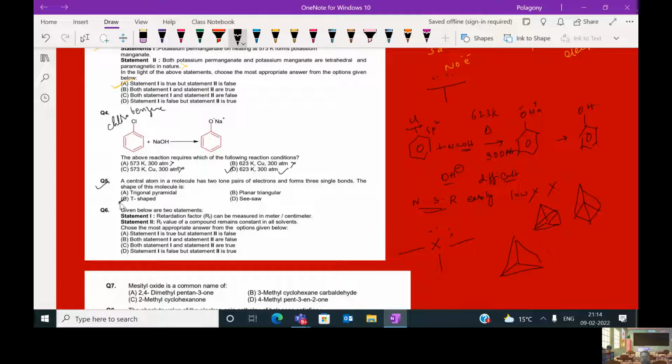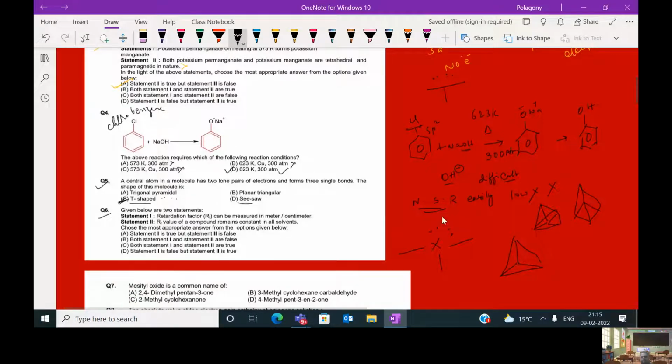We can go for the T-shape because two lone pairs of electrons are present on the central atom. Seesaw is not with two lone pairs. So only option C works. The fifth answer is C.